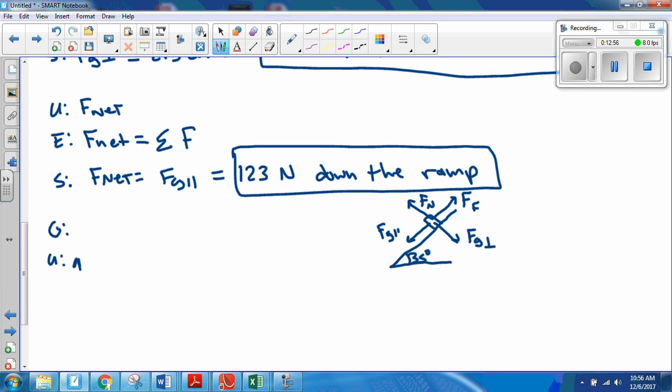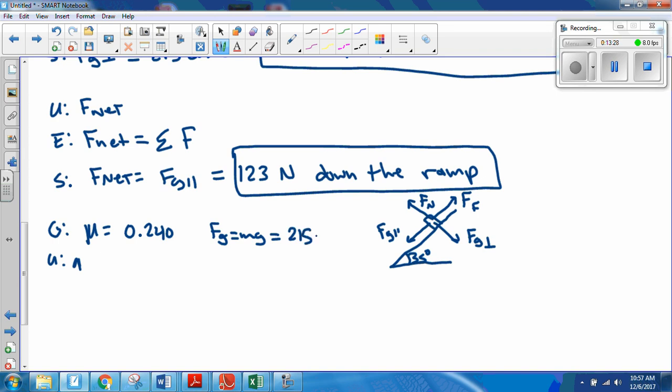So we're going to use the general form. Givens: we still have the mu that they gave us, 0.240. Unknown is the acceleration. Let's backtrack a little bit. We know that Fg, which is equal to mg, is equal to how much? 215?